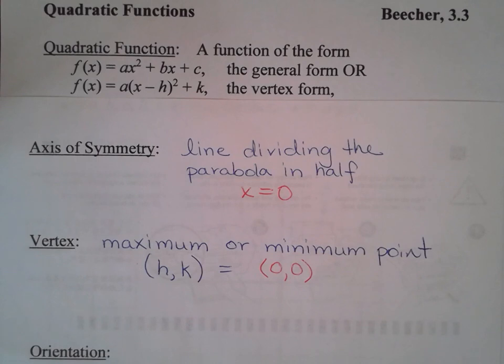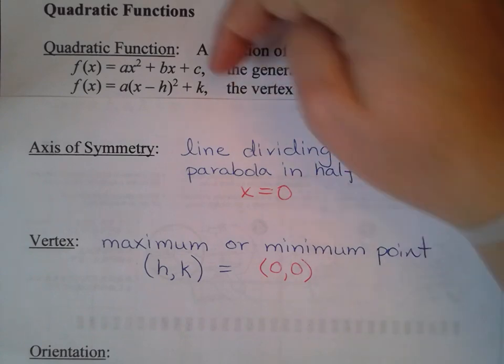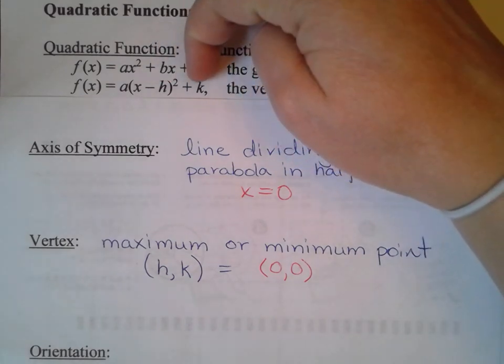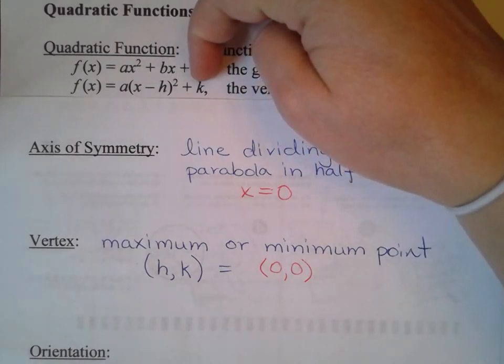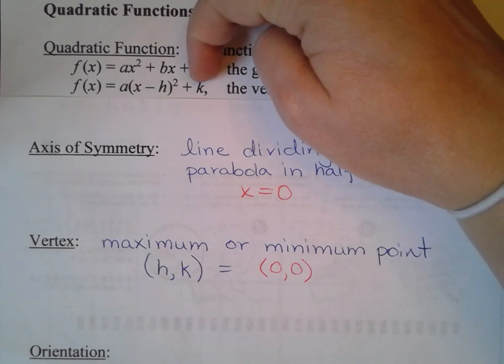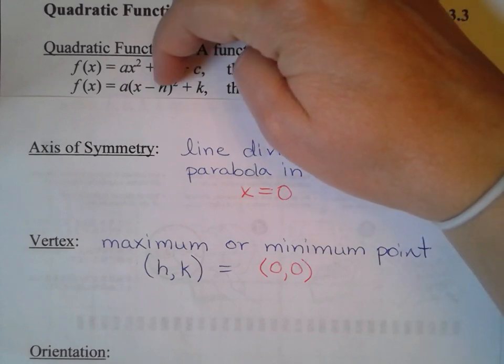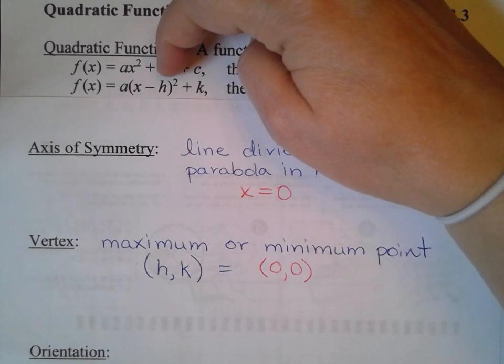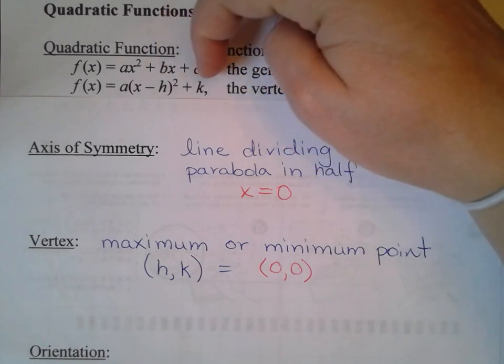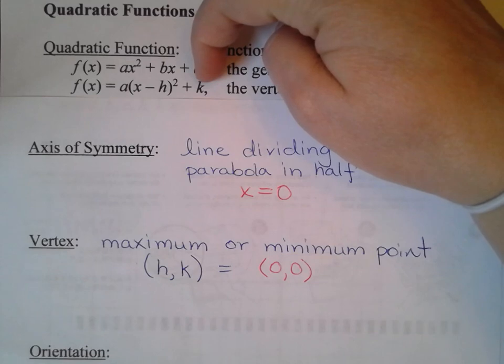We're going to talk some more about how to find the vertex, but that vertex form is sort of built around the vertex. That's what makes it so useful. And so as far as how each part of this equation affects the graph, the h is the shift left and right, so it's the x value of the vertex. The k is the shift up or down, and so it's the y value of the vertex.